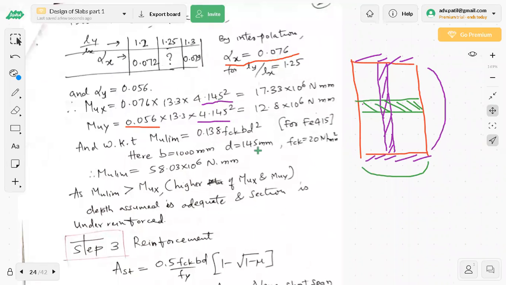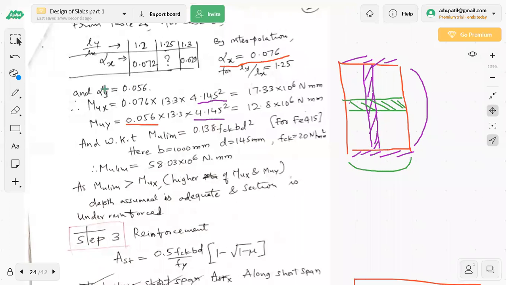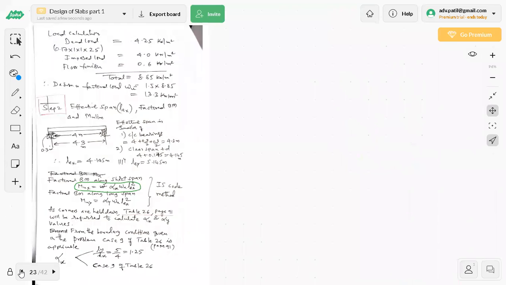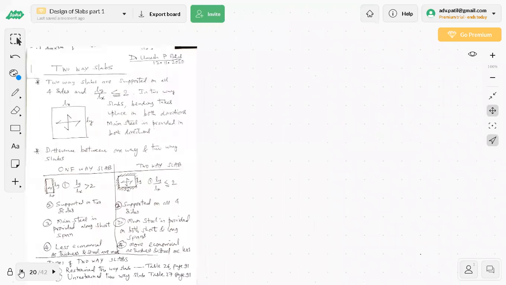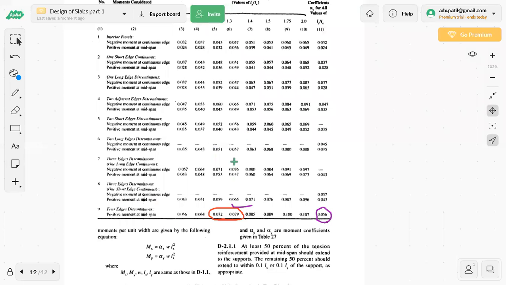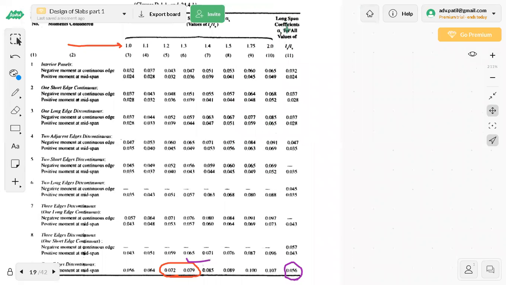Then alpha y is equal to 0.056. It is fixed for any ratio of Ly by Lx. Table number 26 is easy for finding alpha y because you can see this. Alpha y is the last column.